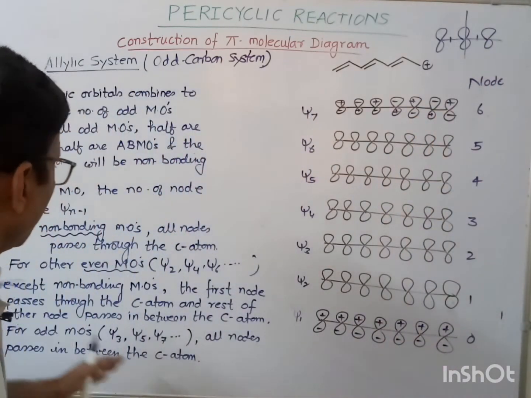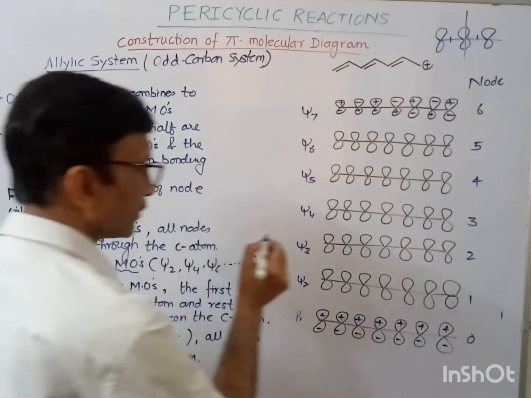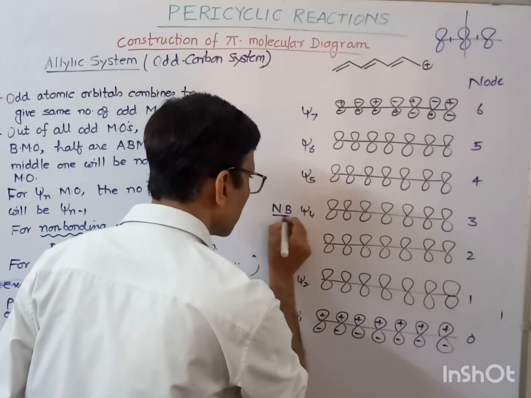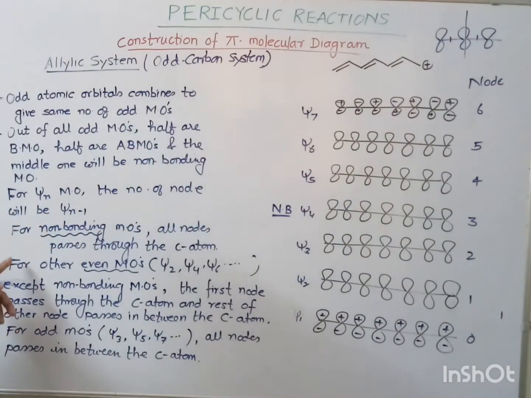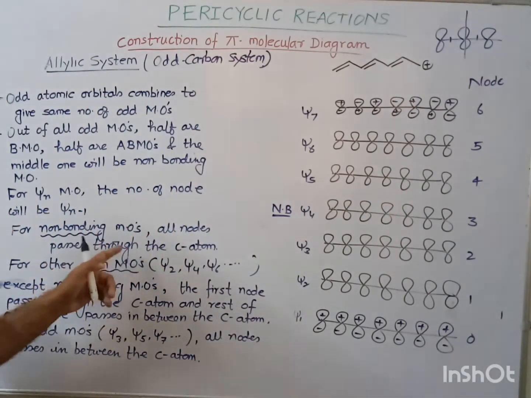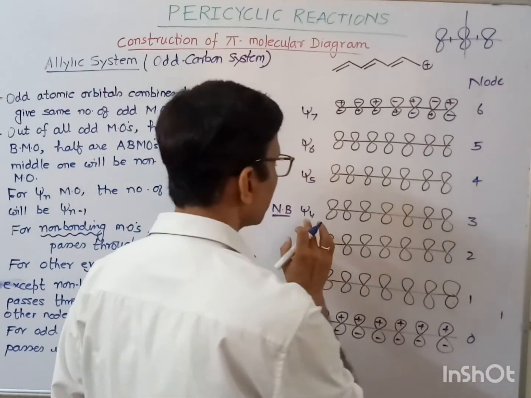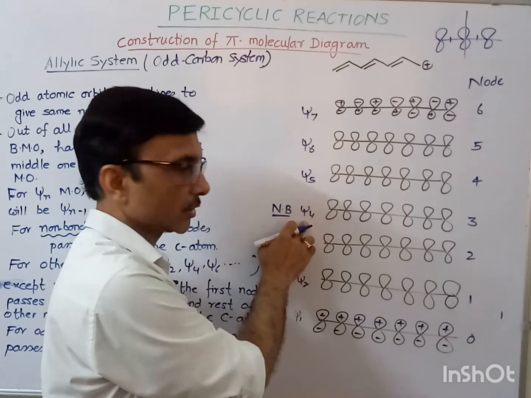Now come to the middle one, that is the non-bonding molecular orbital. So what is the rule for the non-bonding molecular orbital? All nodes pass through the carbon atoms, and this is an even molecular orbital.